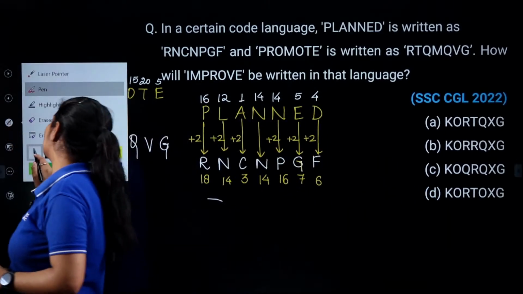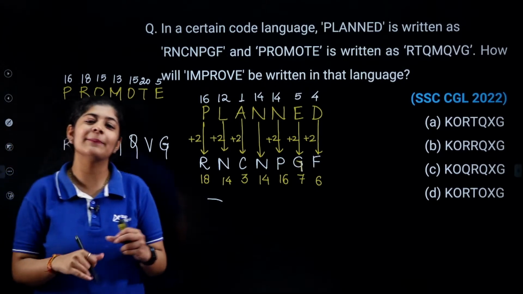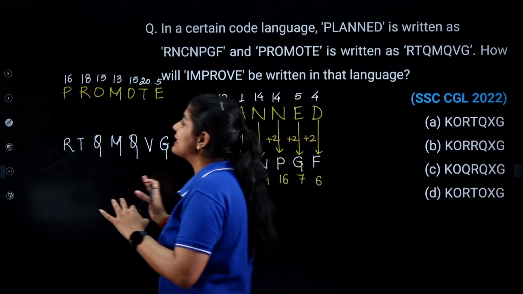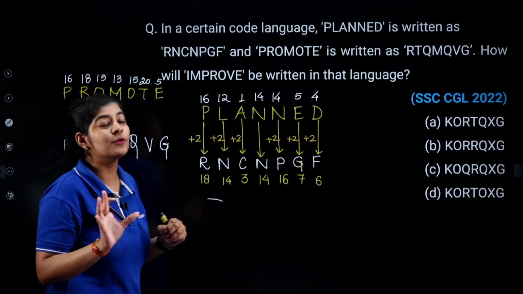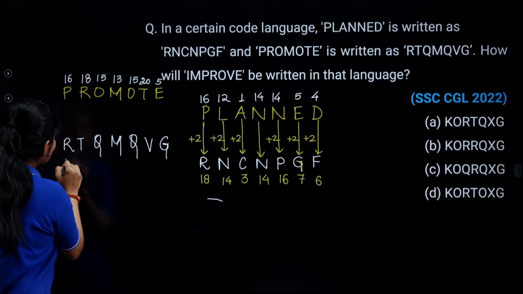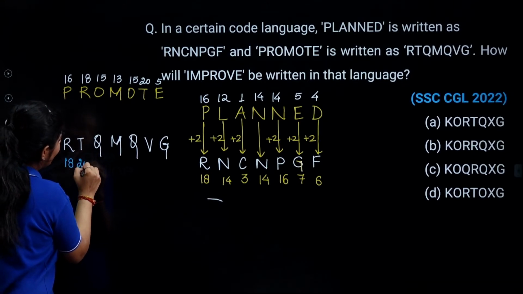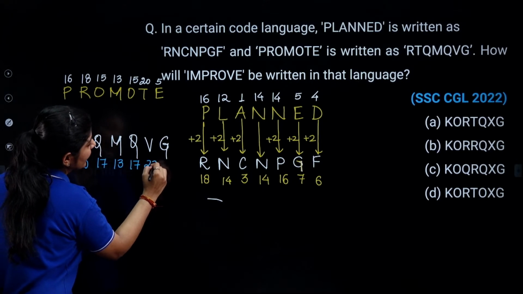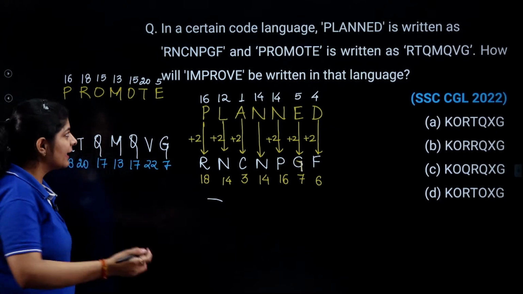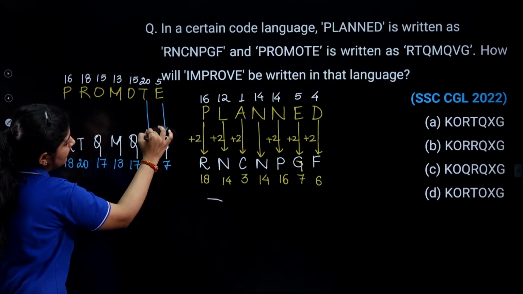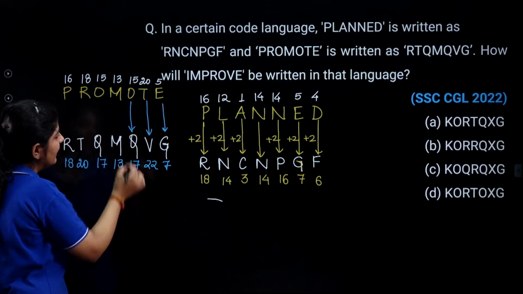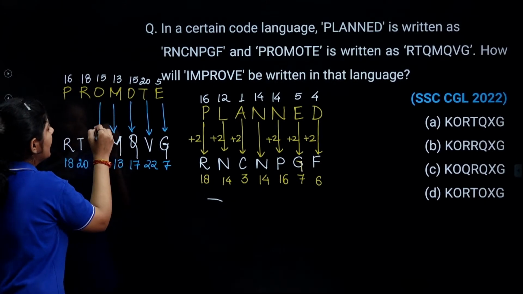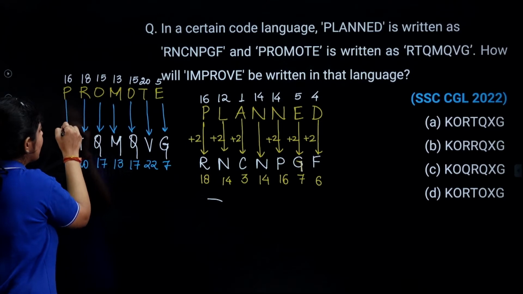Like the basic thing is the reasoning and the quant section will remain same for all the subjects or all the streams that we are having. This is something that is never going to be changed, right? So the associated numbers are 18, 20, 17, 13, 17, 22 and 7. Again, plus 2, plus 2, plus 2, right? The middle alphabet is not going to be changed. Plus 2, plus 2, plus 2.